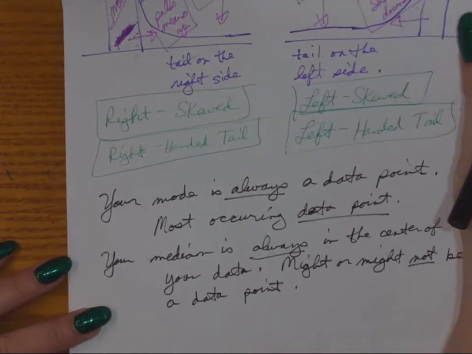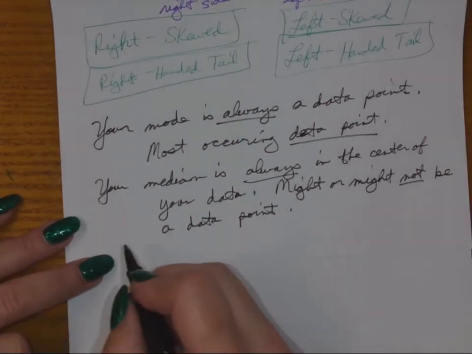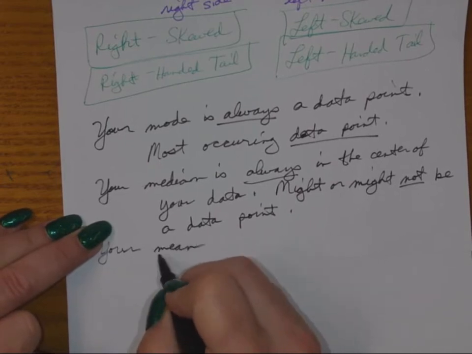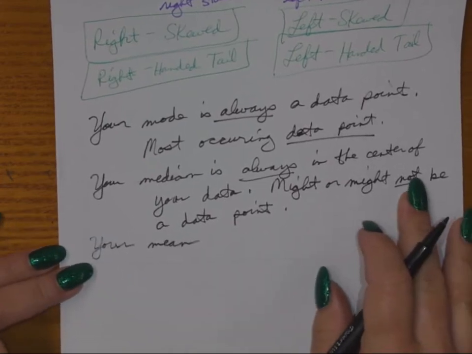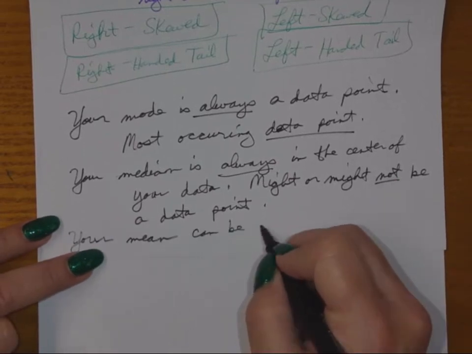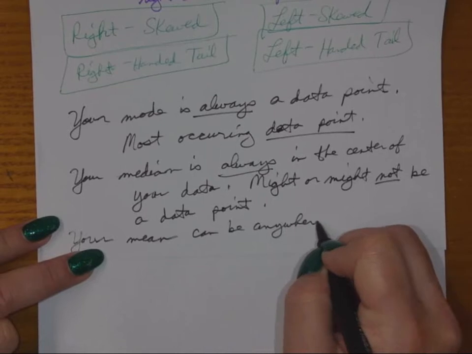Okay. And then what about your mean? Your mean can be anywhere on the graph. Can be anywhere in the data.